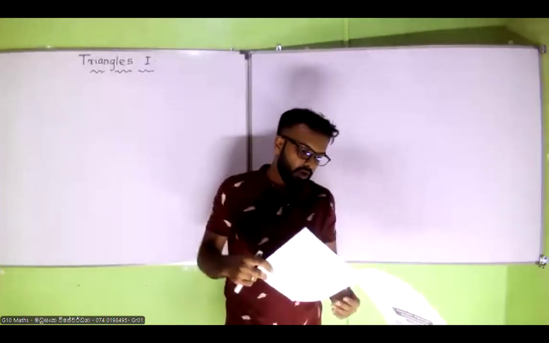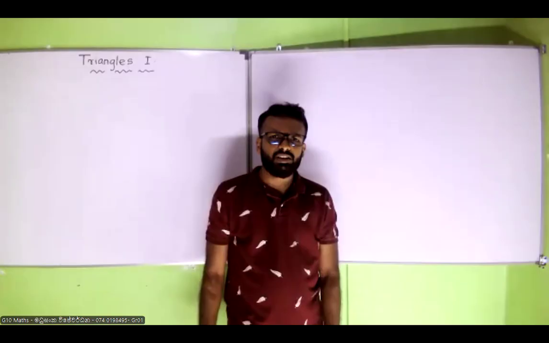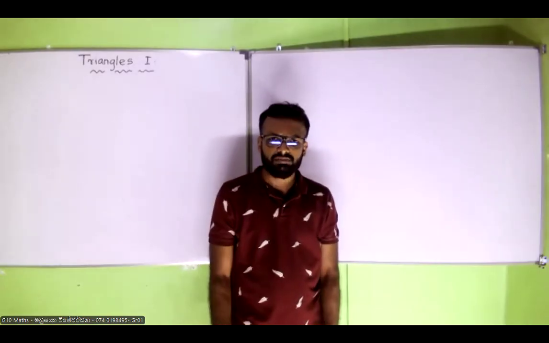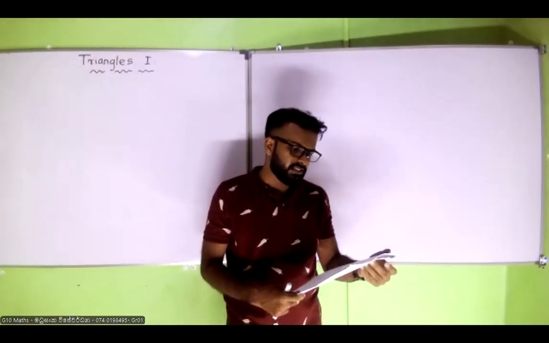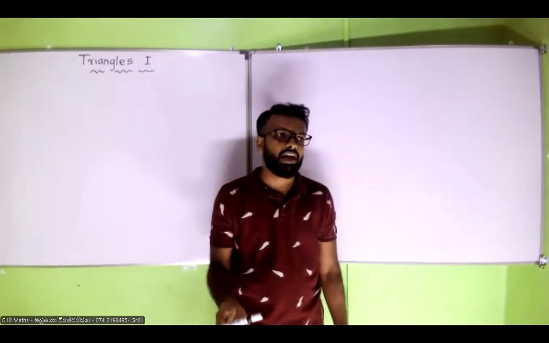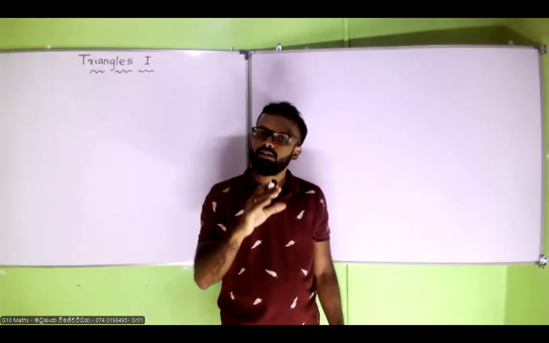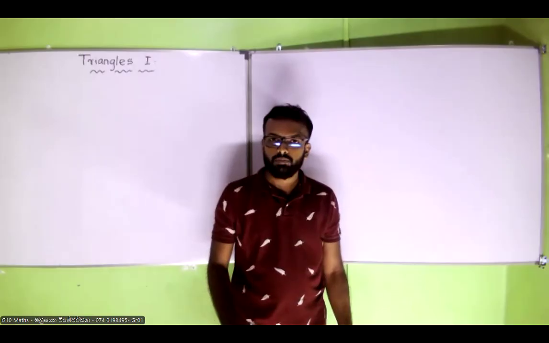First of all, what is a triangle? Well, you already know what a triangle is. A triangle has three sides and three angles. For a particular triangle, that is the thing that you need to know.